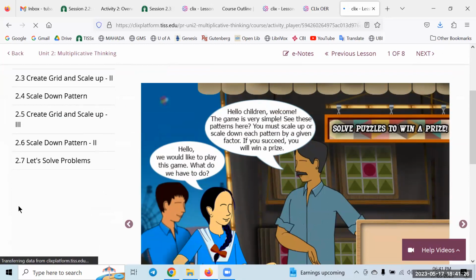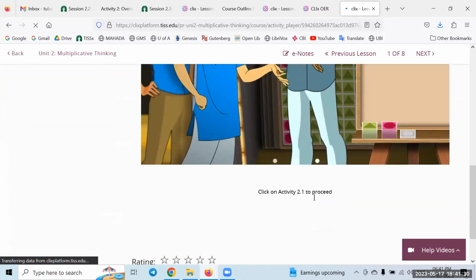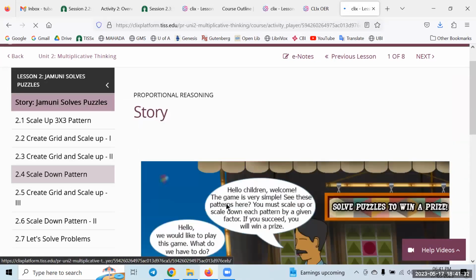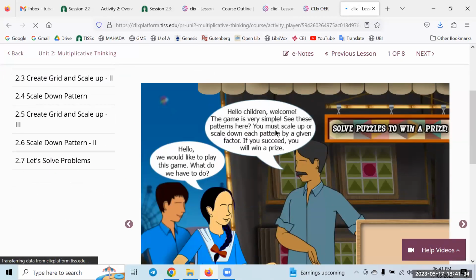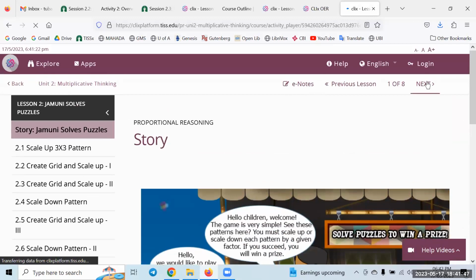Hello children, welcome. The game is very simple. See these patterns here. You must scale up or scale down each pattern by a given factor. If you succeed, you will win a prize. Hello, we would like to play this game. What do we have to do? So go to the next.